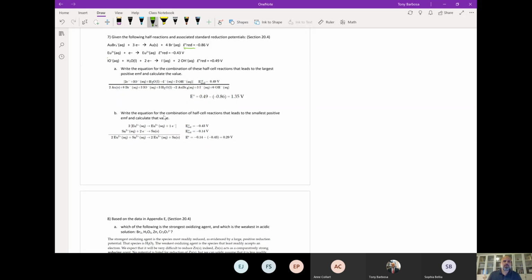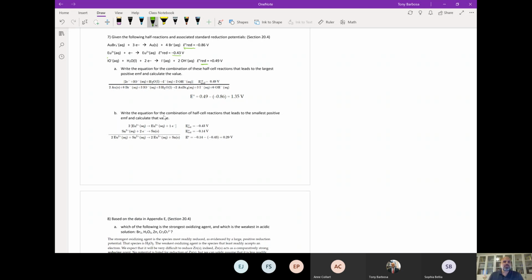Then you have europium 3 plus an electron going to europium 2 plus with a standard reduction potential of 0.43. And then the periodate plus water plus 2 electrons going to iodate plus hydroxide, standard reduction potential of 0.49. It says write the equation for the combination of these half cell reactions that leads to the largest positive EMF and calculate the value.